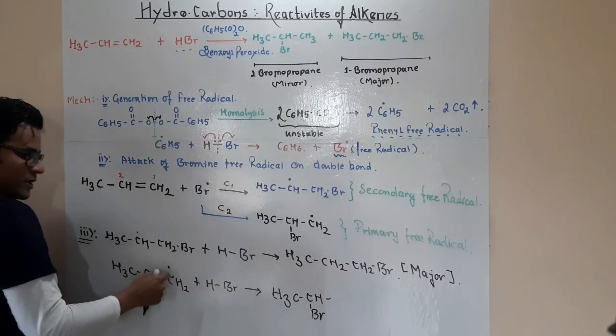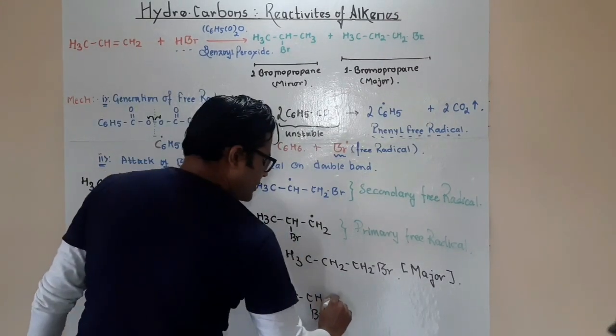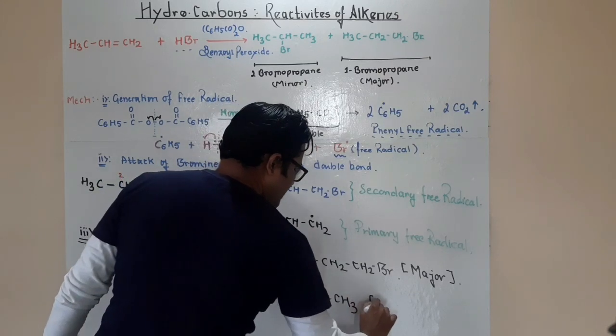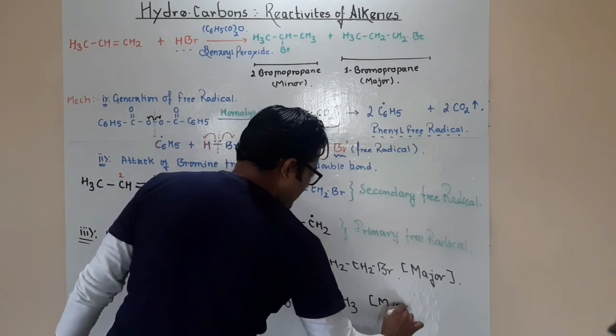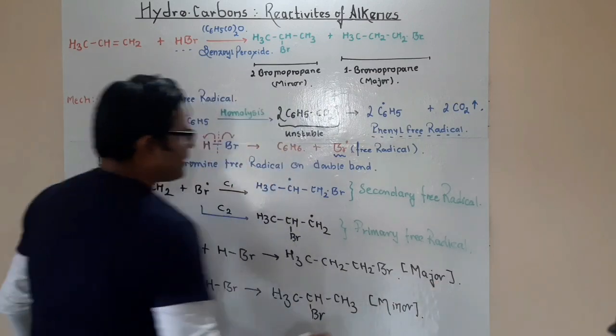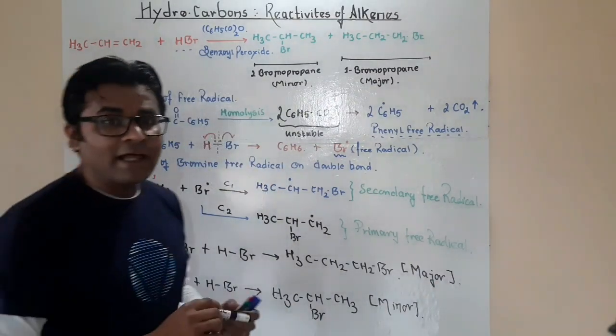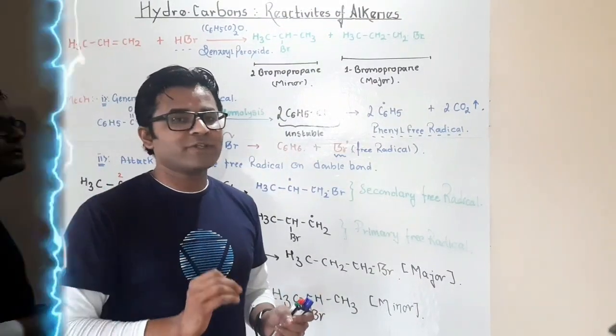One hydrogen is going to attach over here, so I'm going to get over here CH3. So this one is going to be the minor product over here. So how many steps do we have? We have 3. We need to discuss one last one, that is going to be the termination step.